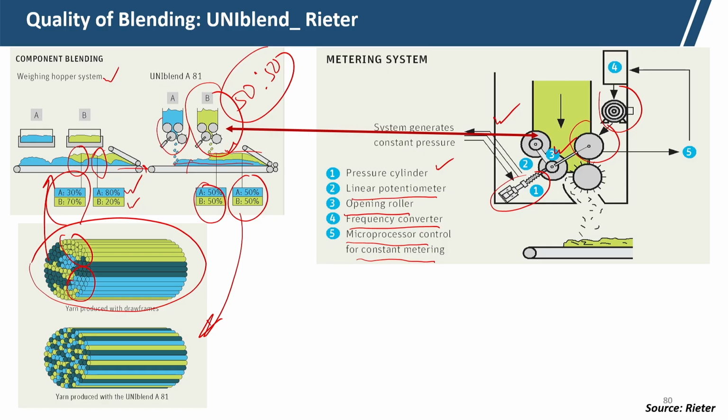Now this pressure cylinder moves; the fiber is coming from this side, and it controls the amount of fibers to be presented to the opening roller, and that helps the proper uniform distribution of fiber.